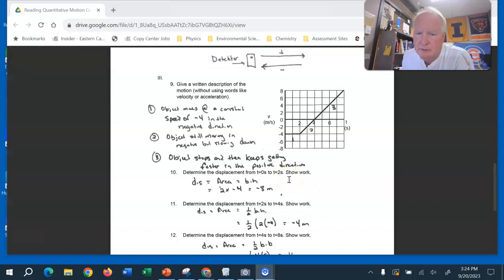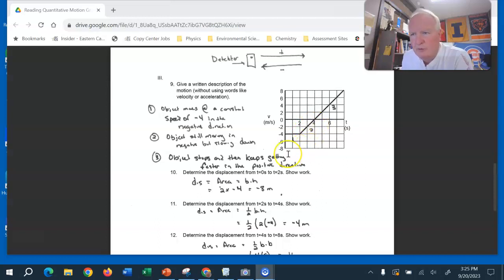Now it gets a little bit harder. We need to understand that there are two sections here. There's this section right here of negative velocity, and this section here, number 3, of positive velocity. We're going to split those into two pieces. In the first section, what's happening here? We're going from -4 to 0.